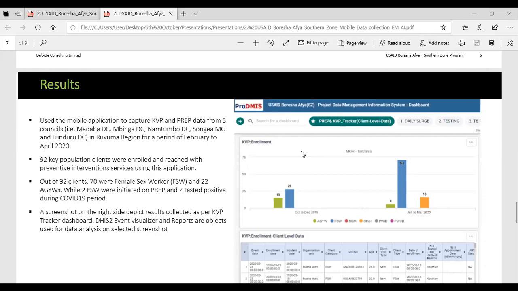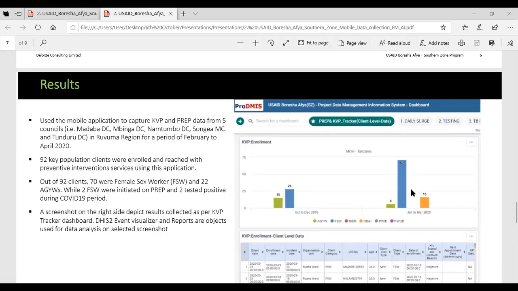So the good thing about this DHIS2 tracker is that it is a DHIS platform where you can also do analysis on your data that has been collected. For example, this chart, which shows the bar graph, was designed using the DHIS2 visualizer, while the bottom table, like a pivot table, was designed using the event report.